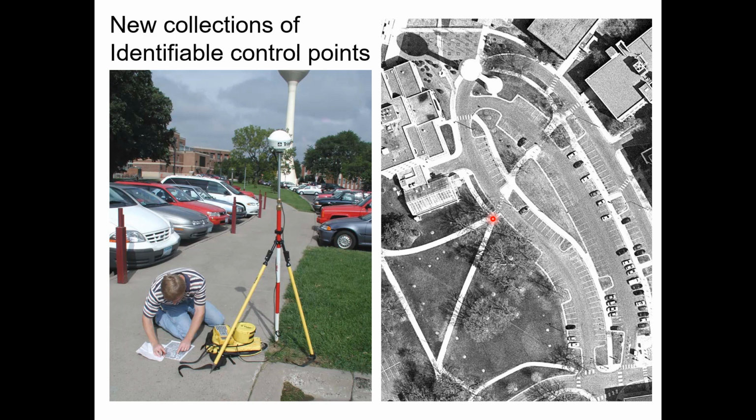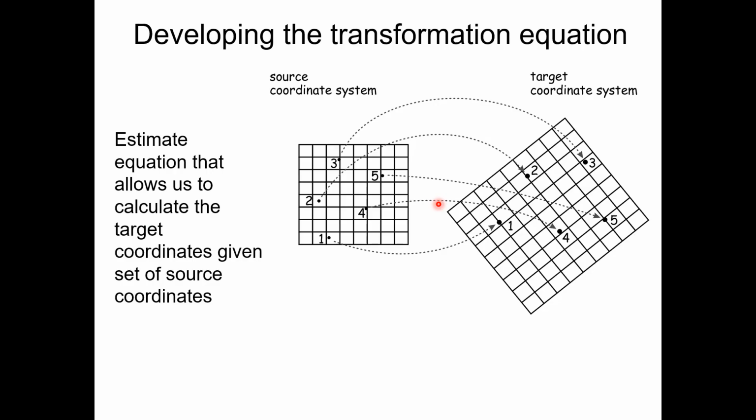Then once you collect those data points, you can do that process of georeferencing in the computer system. In the process of georeferencing, essentially what's happening is you're creating each point one at a time.